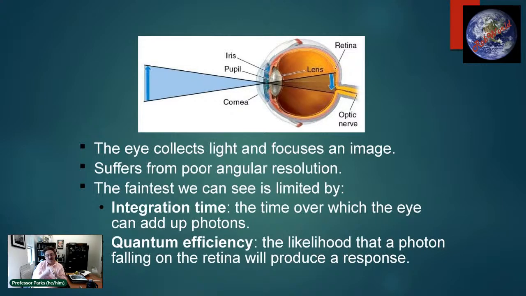So our angular resolution is very bad. We cannot see fine detail at even modest distances on the Earth. And we are limited in how bright or how dim an object we can see. From an astronomical point of view, that is about 6th magnitude, depending on the eye.